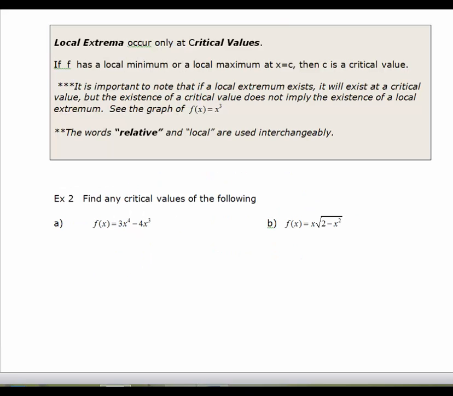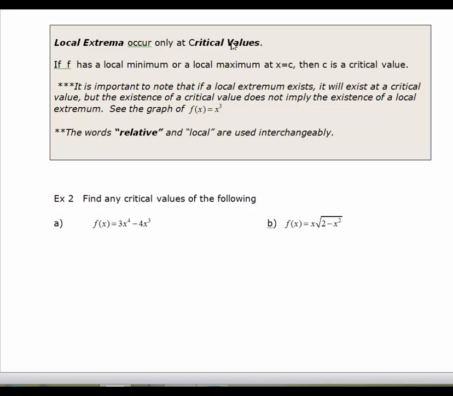And let's look at this statement. Local extrema occur only at critical values. What this means is that if any local extrema exist, they will occur at a critical value. Now, it doesn't mean that if you have a critical value, you are guaranteed to have a local extrema.